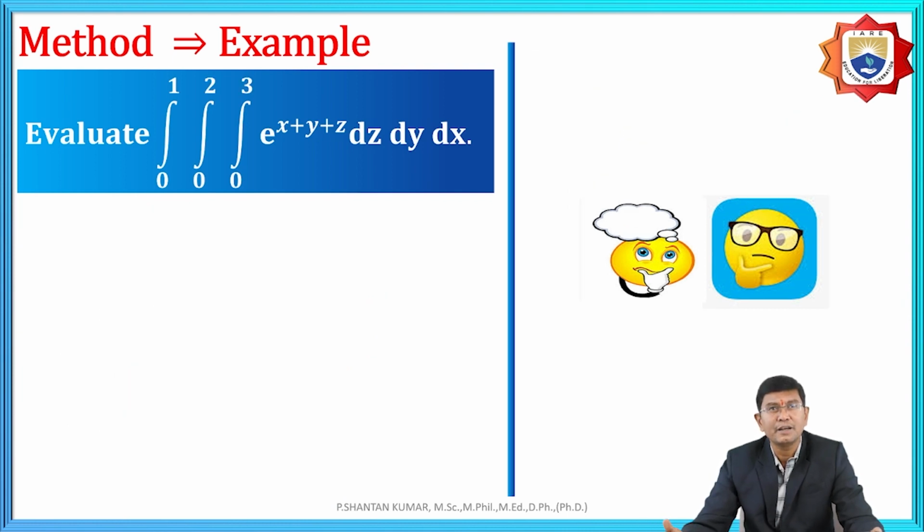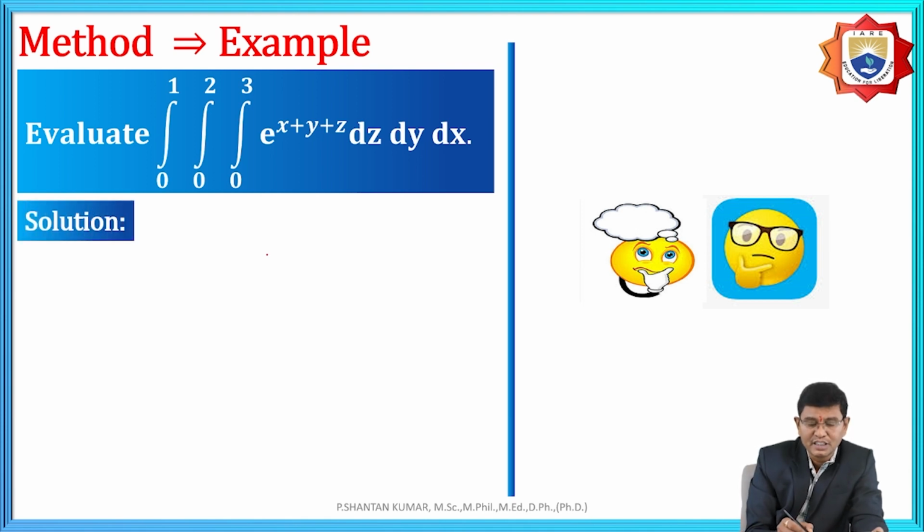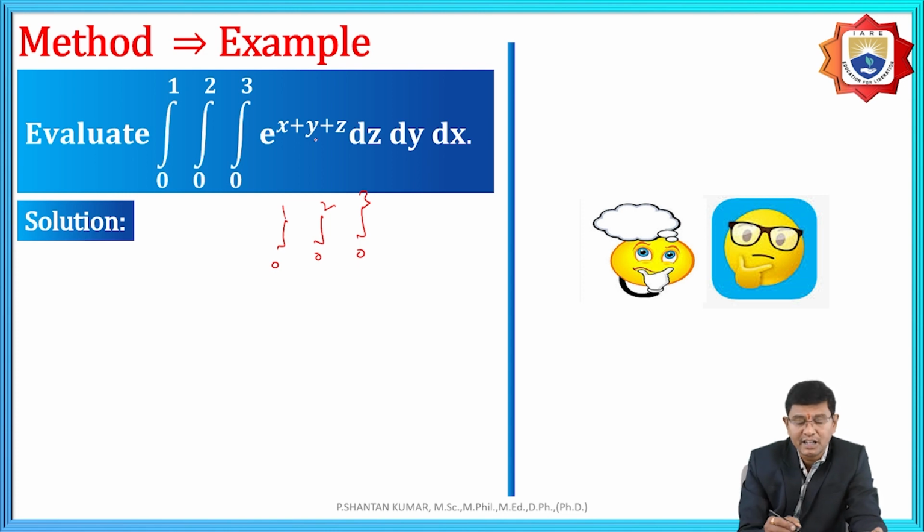And similarly it is also based upon the previous example. While we recall the previous problem, we can easily say the solution is based upon 0 to 1, and again 0 to 2 and 0 to 3. Then the given problem we split into e power x and e power y and e power z, with dx, dy and dz.